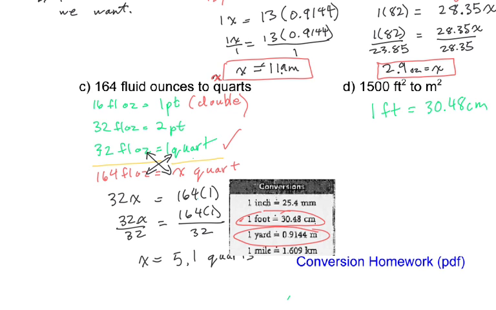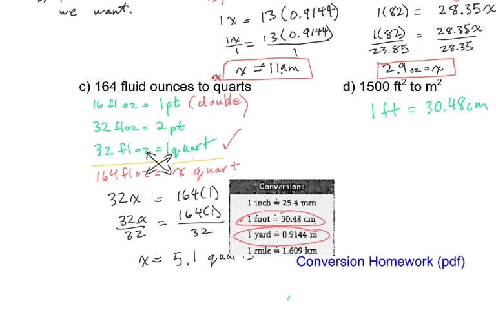Now, here's what you should realize. Every centimeter is 1/100th of a meter. So basically all we have to do is move this decimal 2 places to the right for our centimeters to get the equivalent in feet.